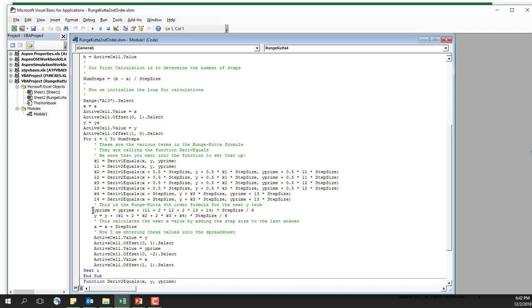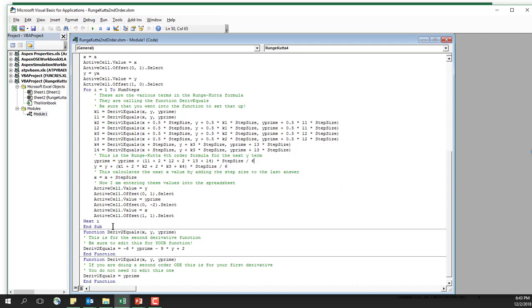And then use those to calculate y prime and y. Now y prime is what we've called z in the notes, but I'm calling it y prime and I'm just treating it like a variable. And so that allowed me to visually keep track of where the first derivative was. So I'm going to estimate y prime and y, and I'm going to estimate my next x.